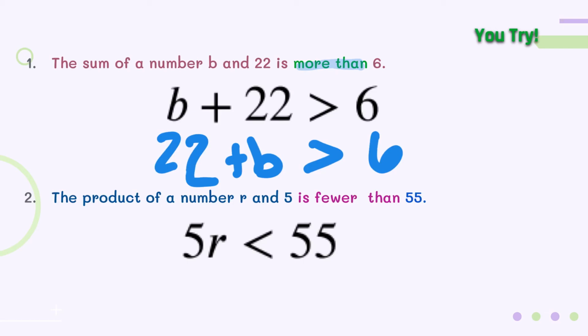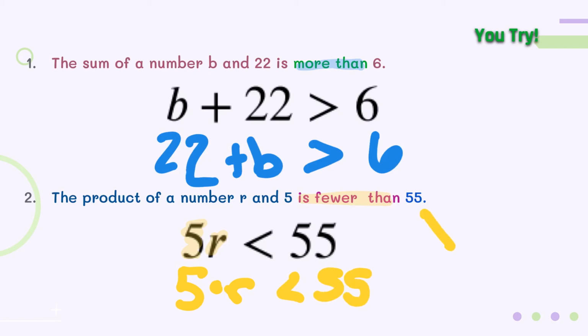So now number 2, the product of a number r and 5 is fewer than 55. So the product of a number r and 5, we write 5r. You could have also written it as 5 times r is less than 55.